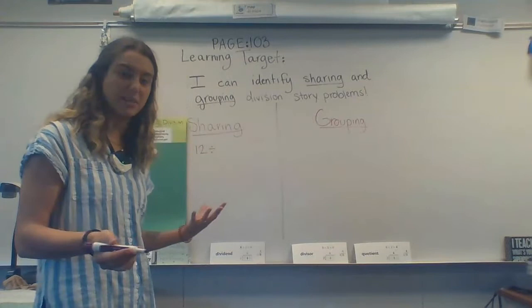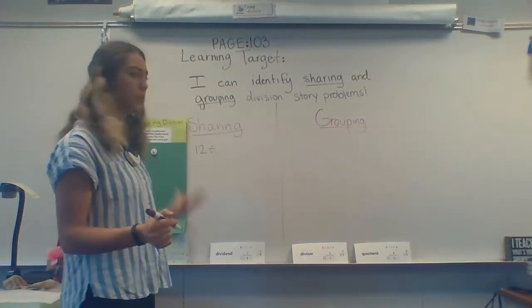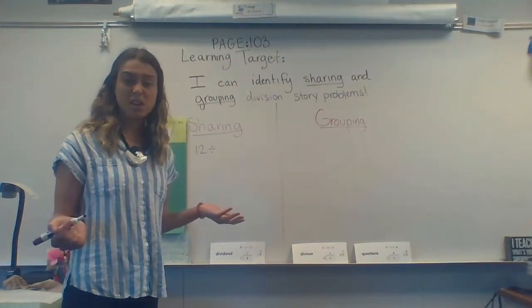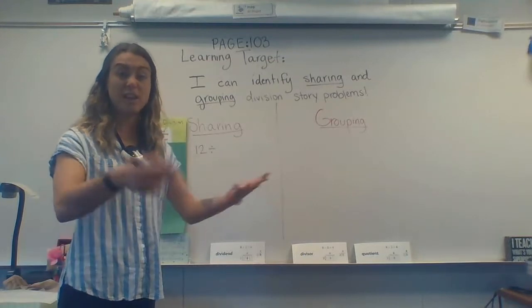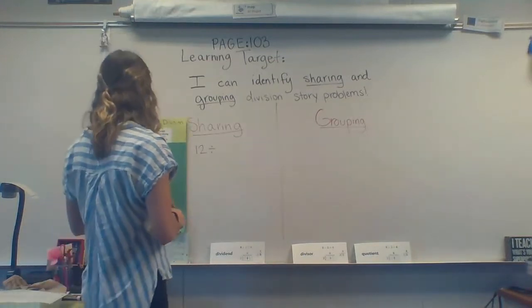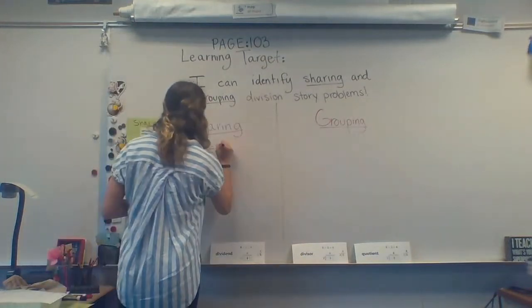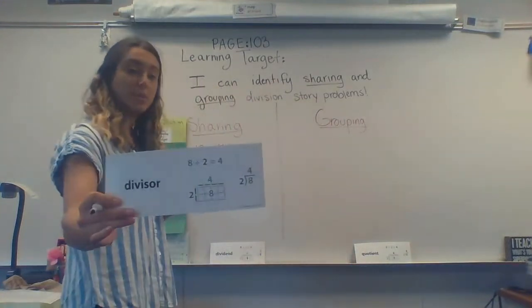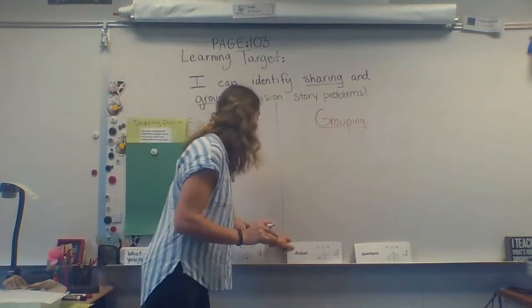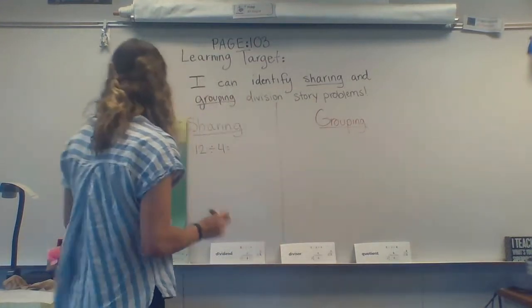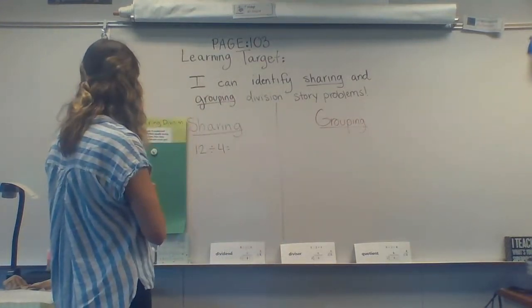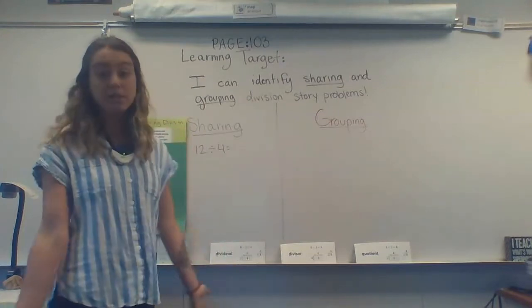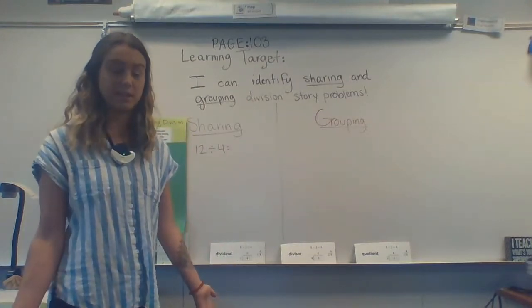I like to say sharing them out because when you have people in a story problem, most of the time it's a sharing division problem. You're sharing among different friends or cousins. So we have 4 cousins that we're dividing by. That is our divisor, the number that we're going to divide into. And then we are looking for how many cookies does each cousin get.